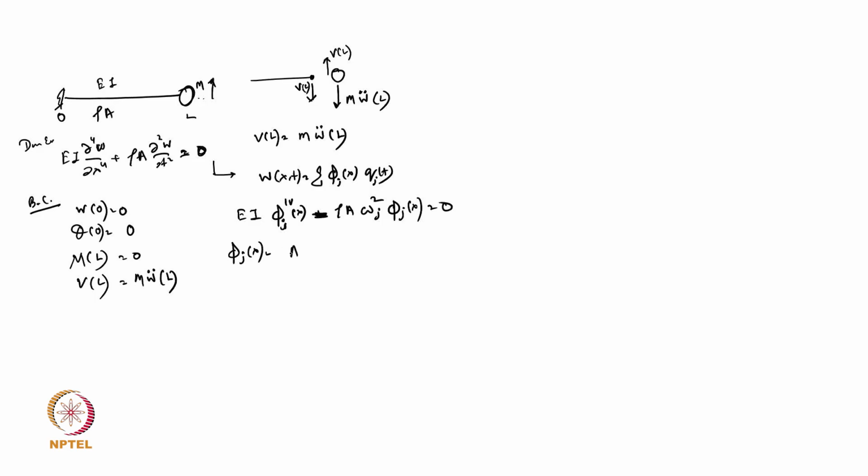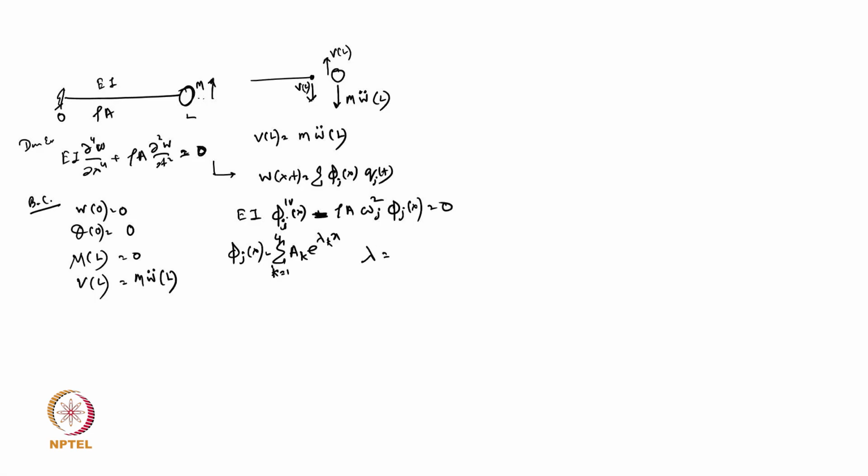Now what will be my phi_j? This is equal to b1 e to the power lambda 1 x, and so on, so k equal to 1 to 4. Once I put that, what will be my lambda?